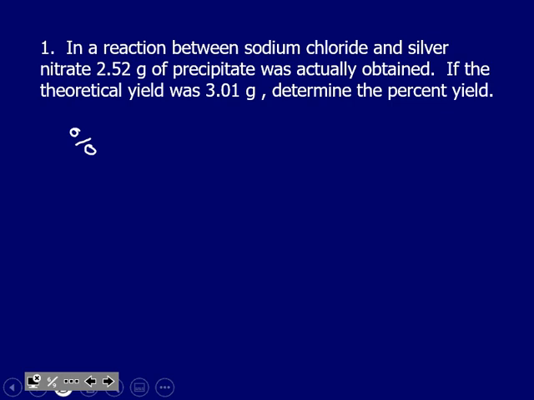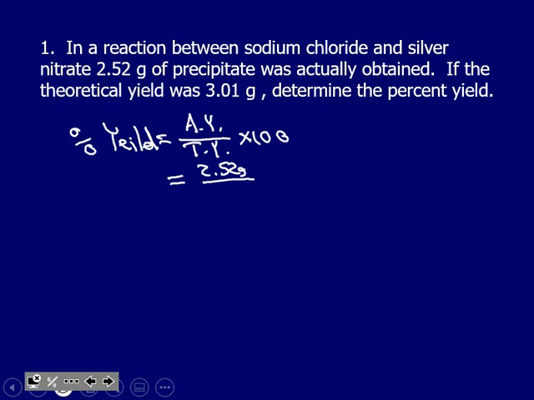But percent yield is the actual yield divided by the theoretical yield times 100. 2.52 grams was actually obtained. 3.01 was theoretically able to be obtained. That's the theoretical yield that would have been obtained by stoichiometry. Times 100.